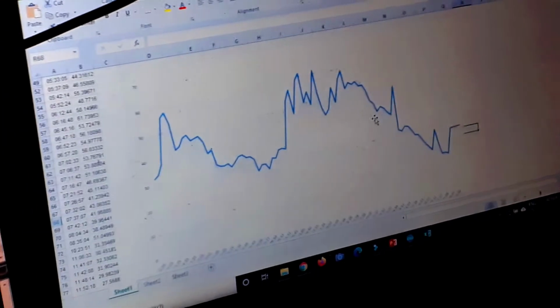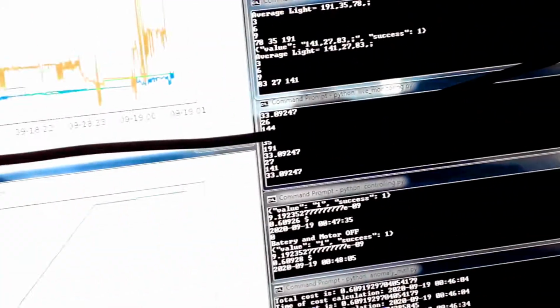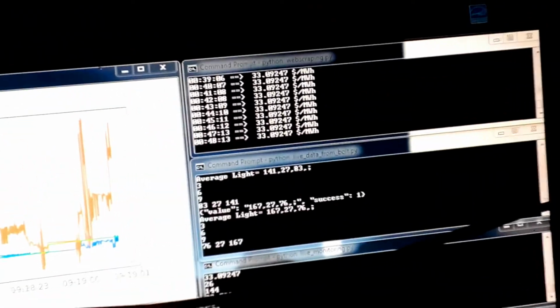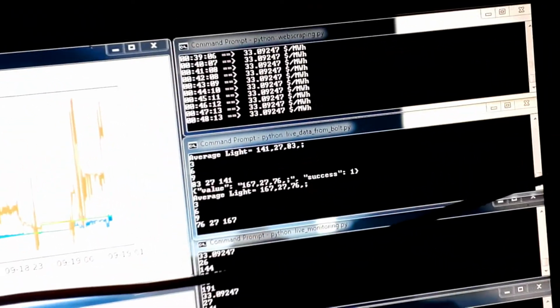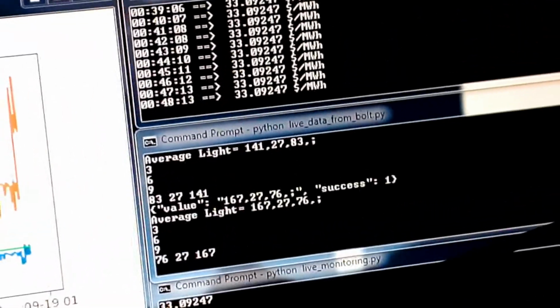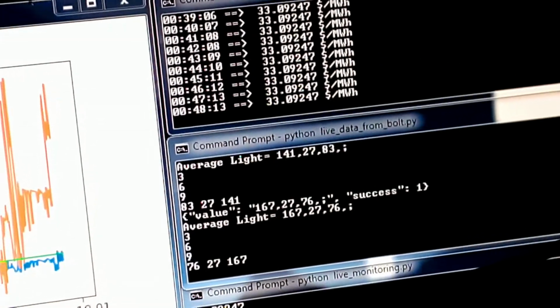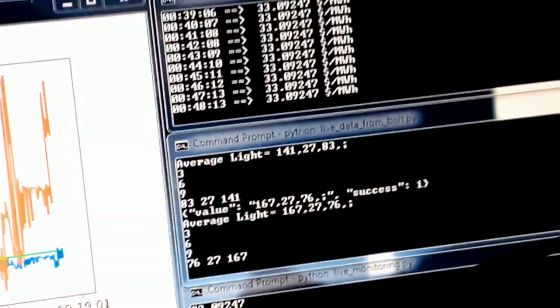So what I have done is, I have written a script which takes the real time value from the electricity market and stores it in a variable, in a text file.